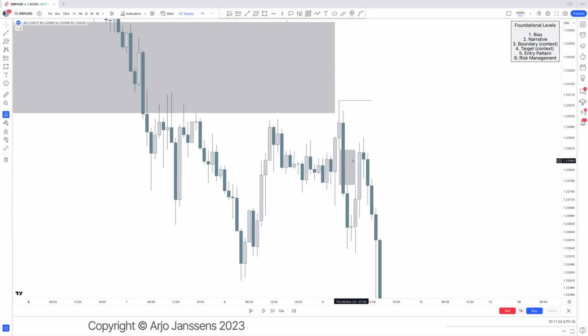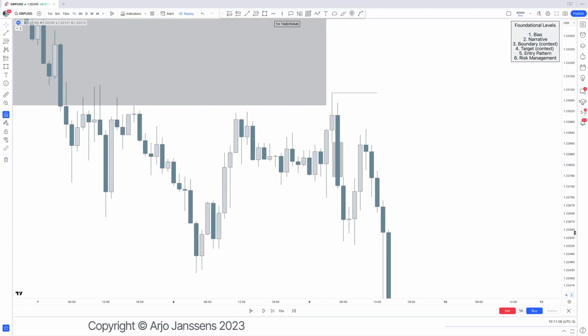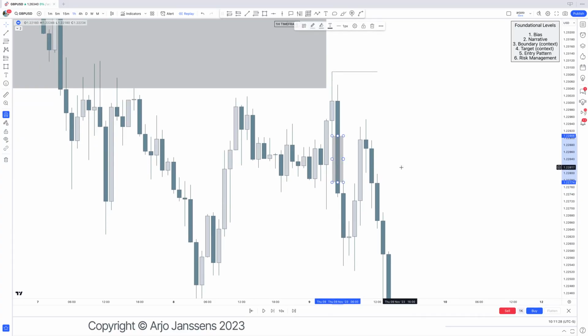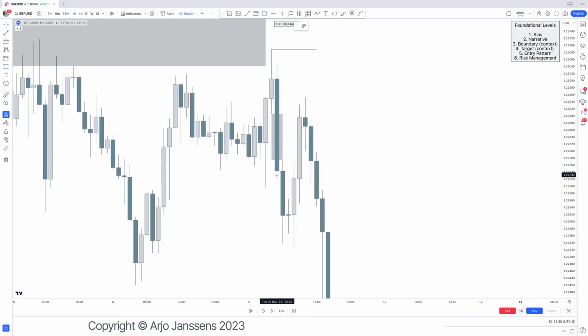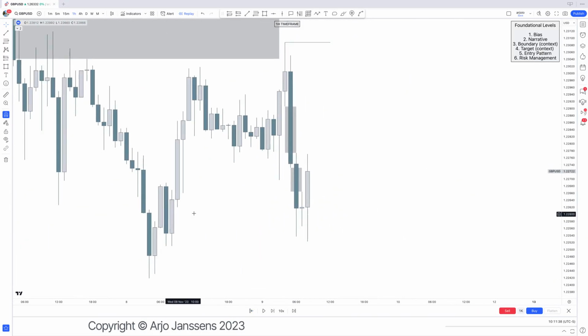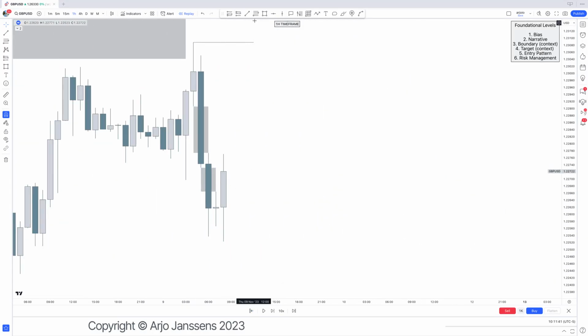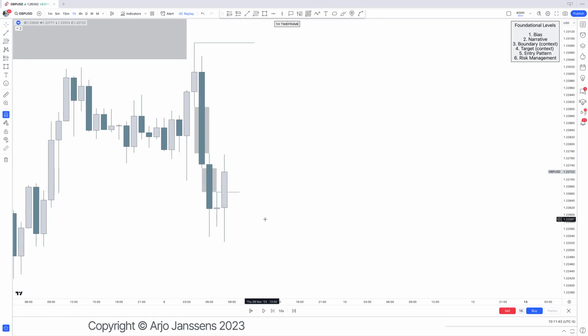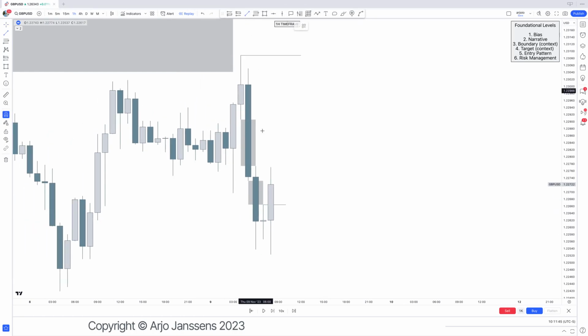Here on the 1 hour, we have this fair value gap right there. This fair value gap, and we also have this fair value gap. Let's see both of these lows of the fair value gap, what they are. So on this right there, this low of the fair value gap is basically that low. This low of that fair value gap is basically that low right there.